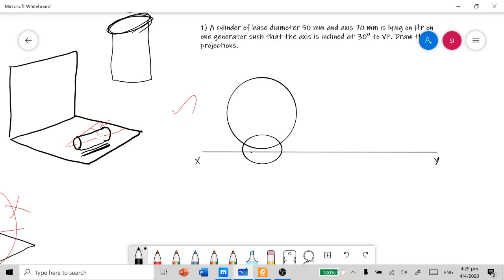So here the base view should touch the XY line. Whenever you are drawing this answer in the answer sheet, you have to ensure the circle contacts the XY line just like a tangent. The XY line should be the tangent for the circle. In this computer platform I can move it after drawing, but you have to do it well in advance.